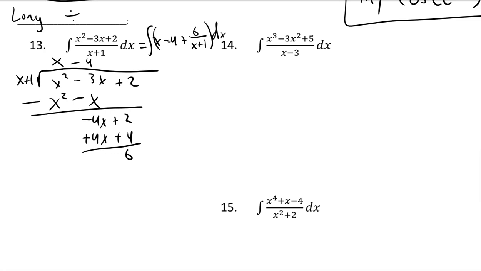Remember, you have your quotient, which is x minus 4, plus your remainder over your divisor. That's how you deal with the remainder. Don't just do R6. And then that's quite a bit easier, because now I can just do these one at a time. Integrate x, integrate 4, and integrate 6 over x plus 1.